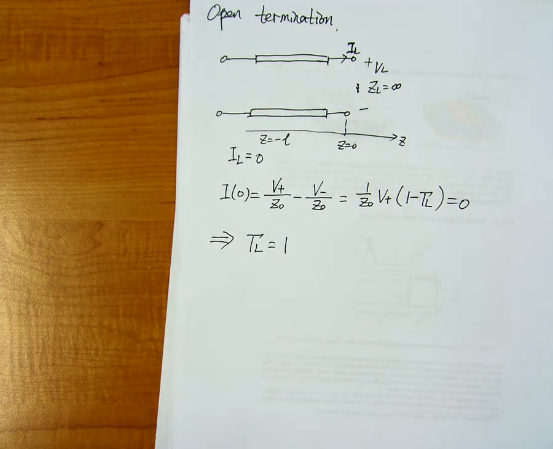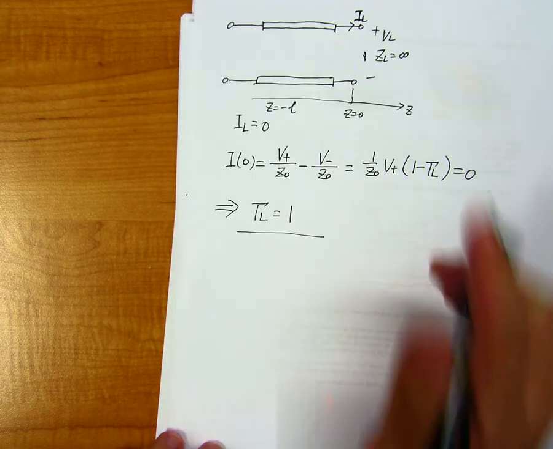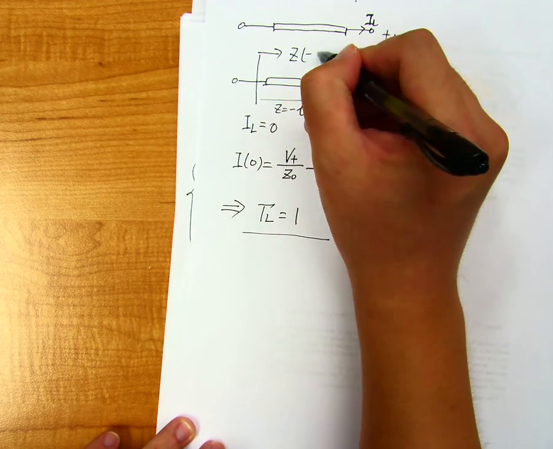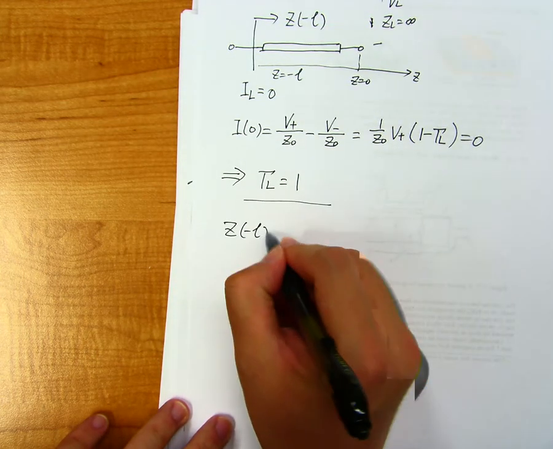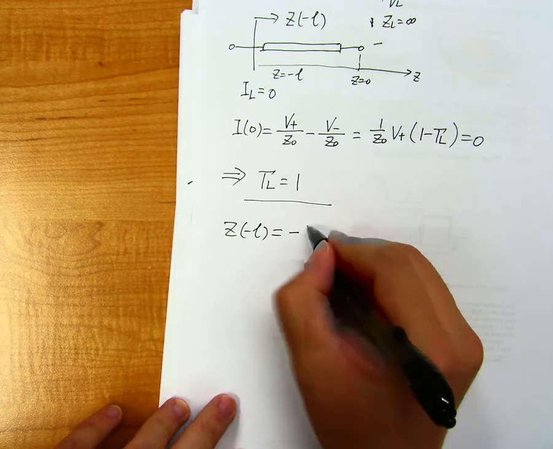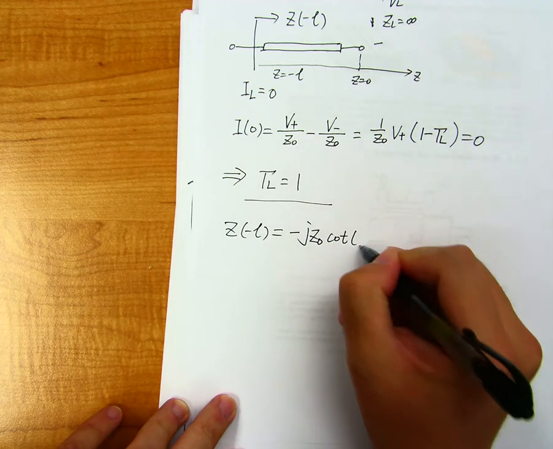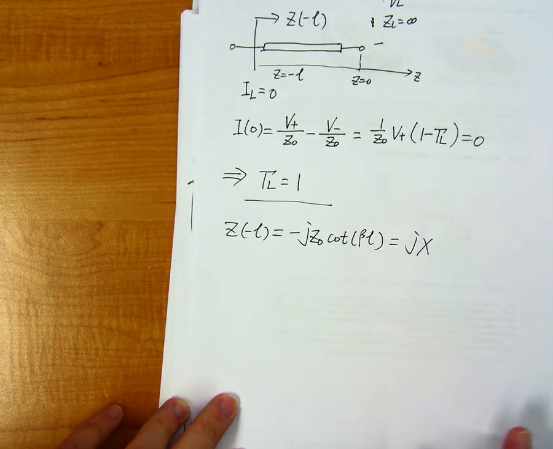So whatever the incoming red traveling wave is, it is reflected totally and travels back. So gamma L is equal to 1. And in this case, the input impedance Z of negative L is equal to negative j Z naught cotangent of beta L, which we write as jX.